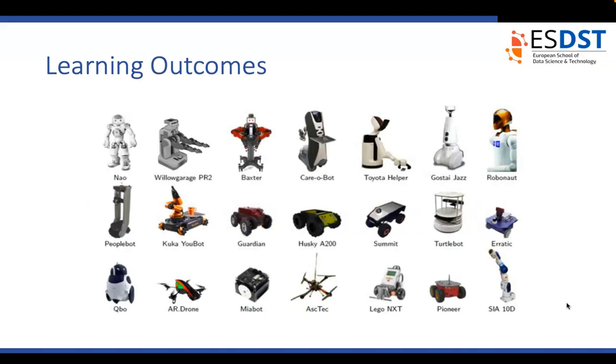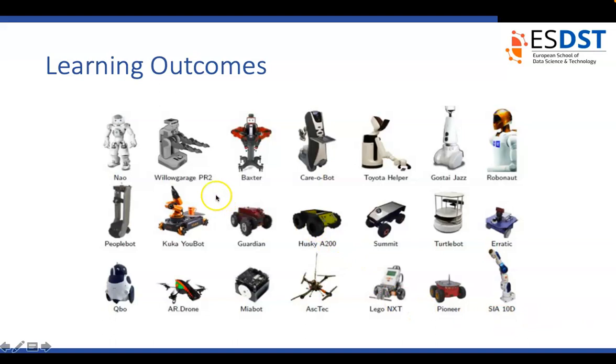Okay. These are some of the robots that are being used with ROS. ROS has a very wide variety of support, a huge community, and every year there is a conference held just for ROS people.